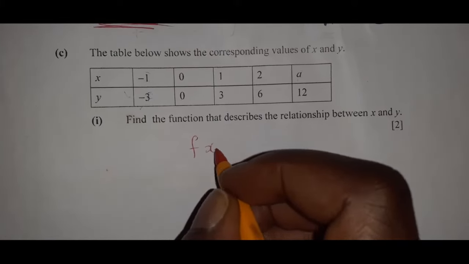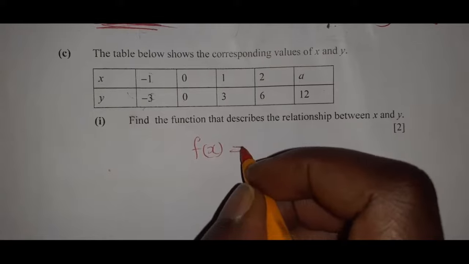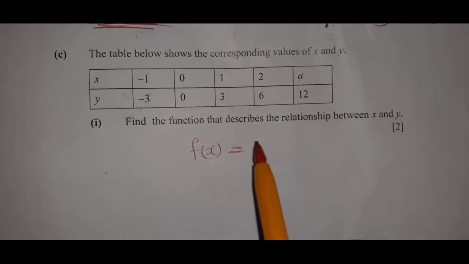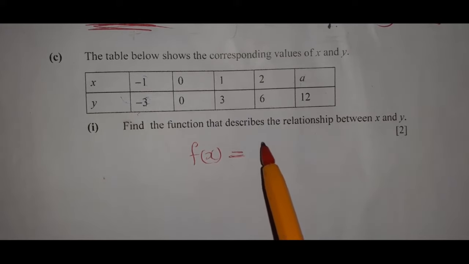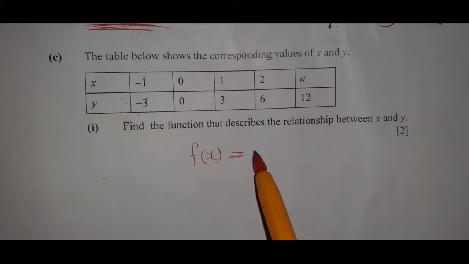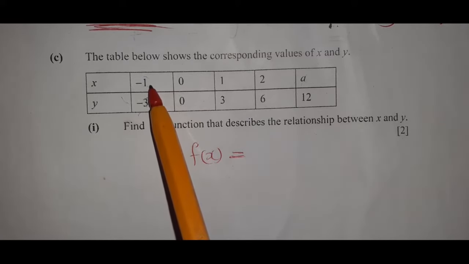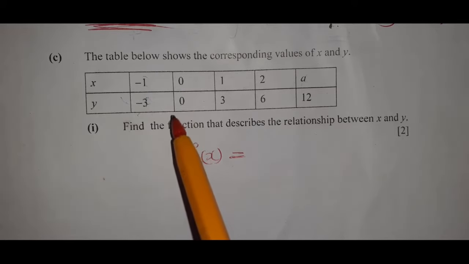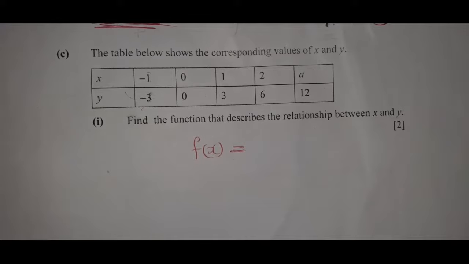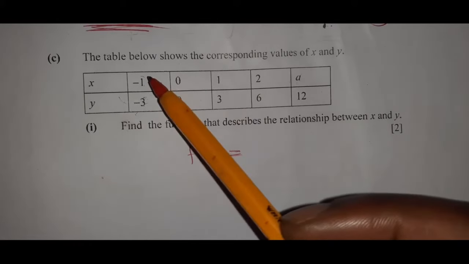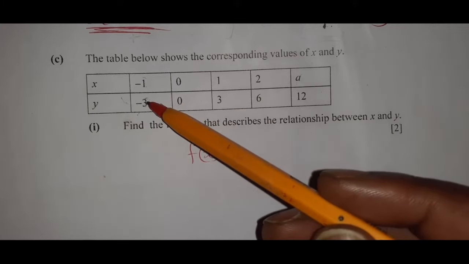So it's like we have f(x) is equals to what? What are we saying here? f(x) is equals to, we need to know how do we get to this one.